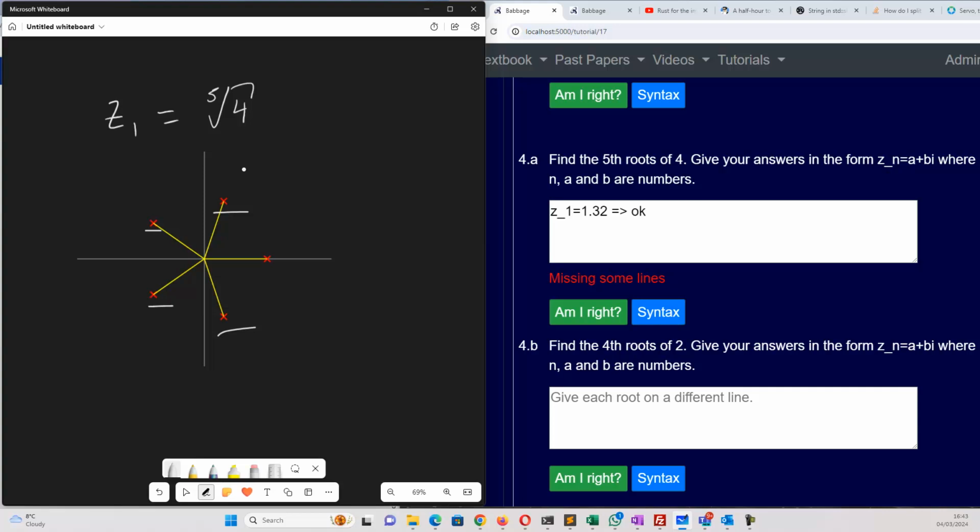So to find Z2, we're going to say that Z2 is equal to, I'm going to call this R, cos of 2 pi divided by 5 plus i sine 2 pi divided by 5. Okay, we'll use the calculator for that. So we'll do the first bit, the cos 2 pi over 5, which is the x value.